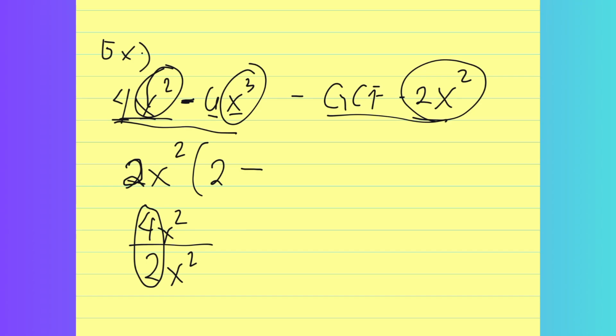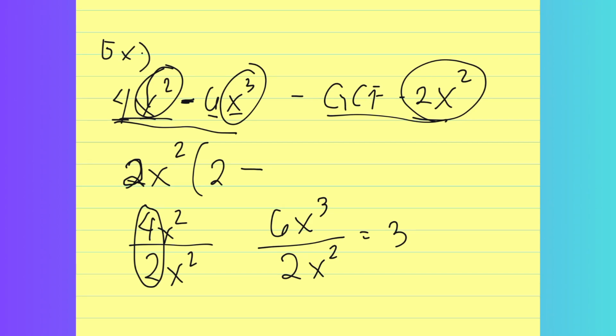And again, the same process, divide our second term by our greatest common factor, 2x squared. Now, 6 divided by 2 is 3. And x cubed divided by x squared. So take note, when you are dividing variables with an exponent, just simply subtract the value of its exponent.